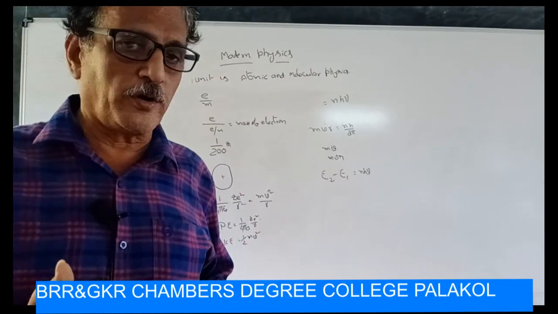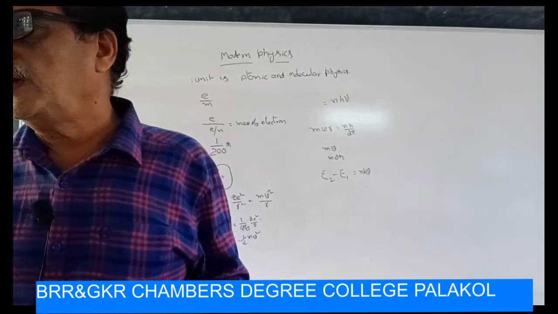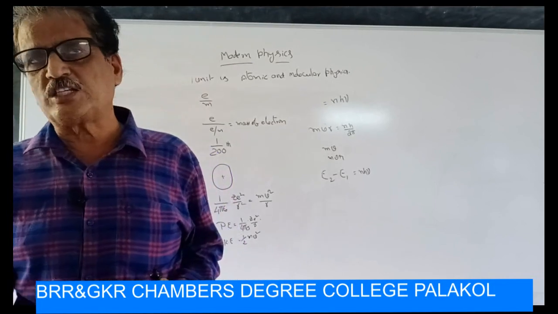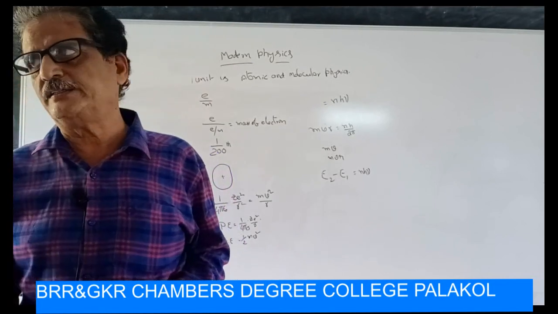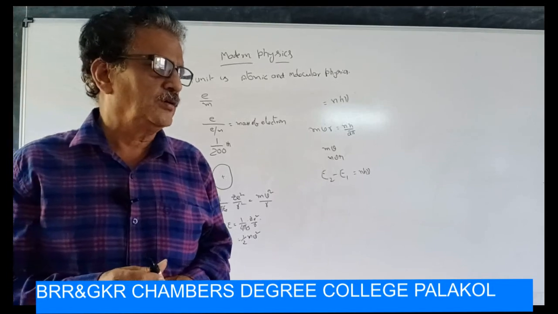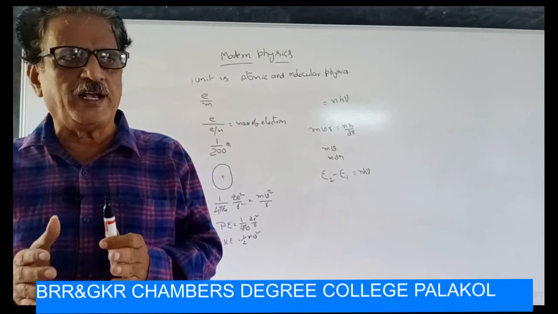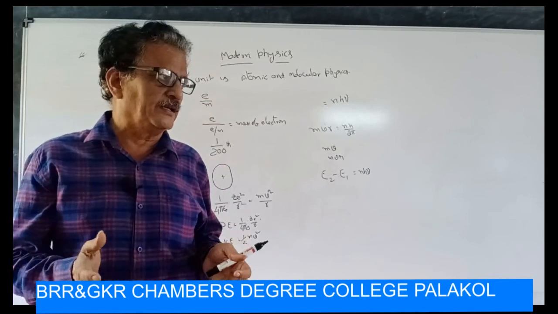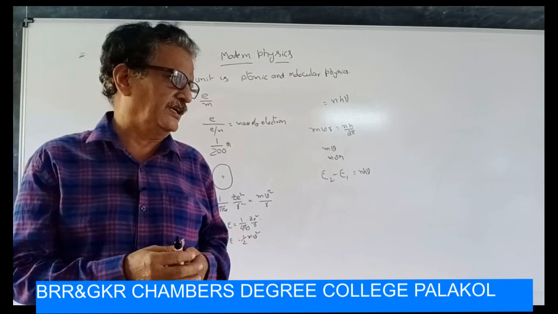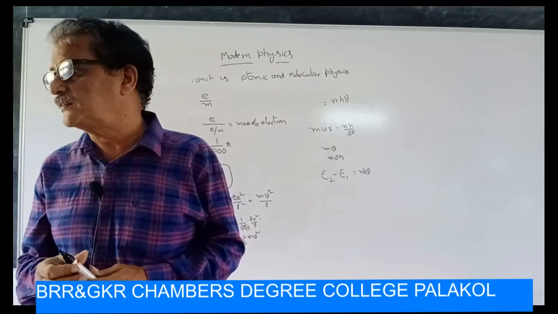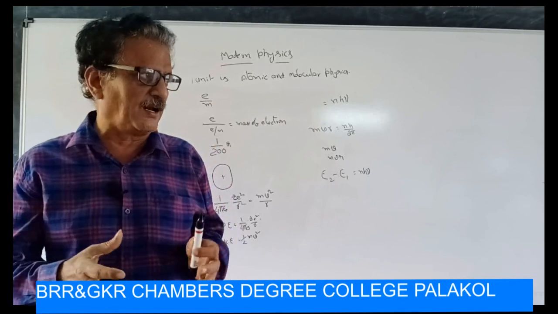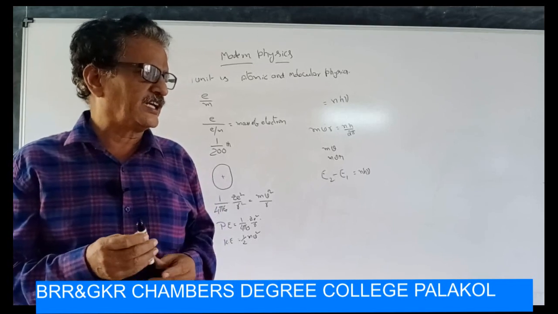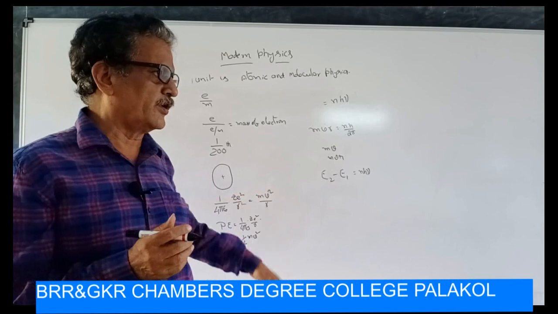It also failed to explain chemical bonding, and the Zeeman effect and Stark effect. Zeeman effect means the splitting of spectral lines into two or more in a magnetic field. Similarly, Stark effect means the splitting up of spectral lines in an electric field. These two are not explained by this Bohr model.